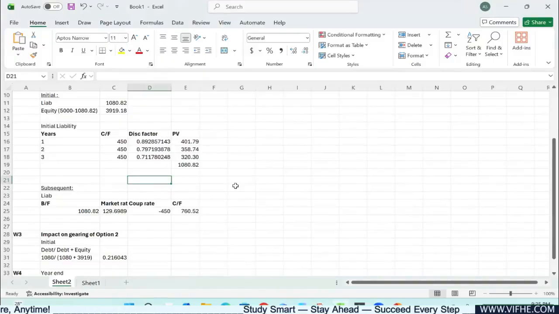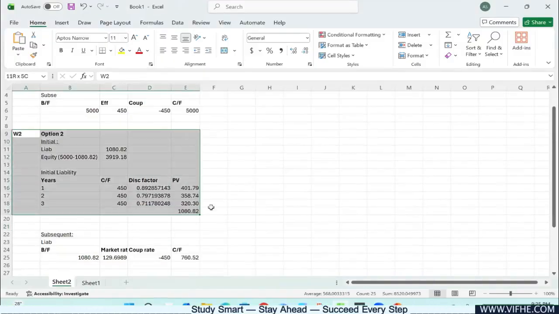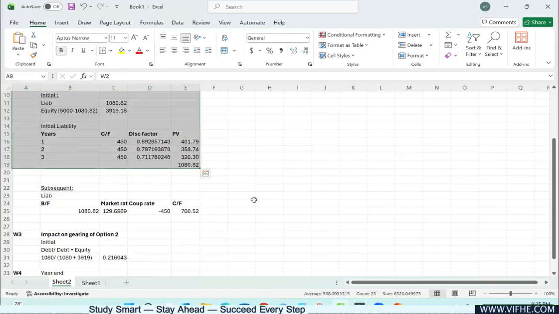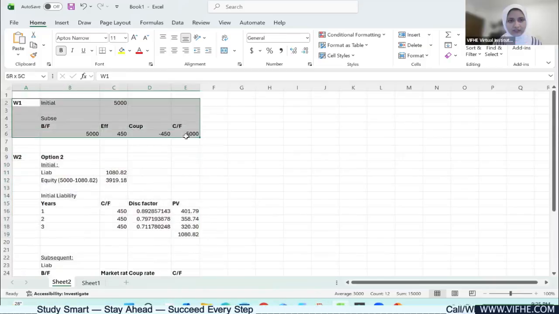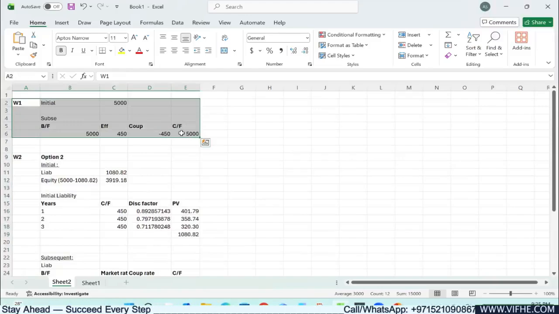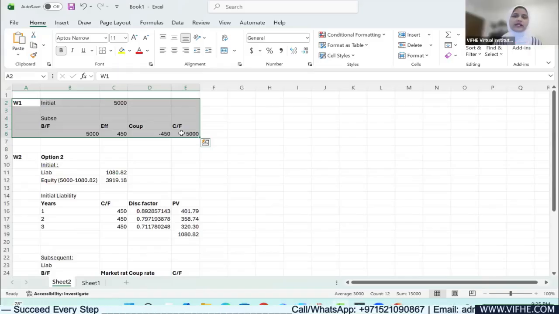Option 2, I got it because it was a convertible bond, but on the first working, which one is it in the cheat sheets? I'll tell you.